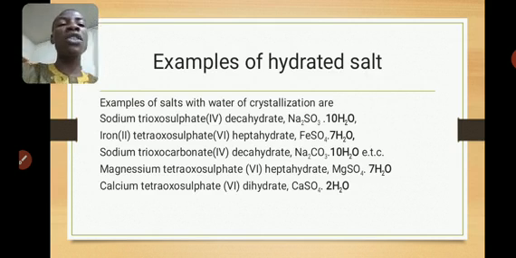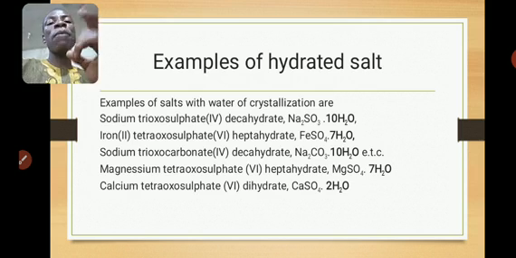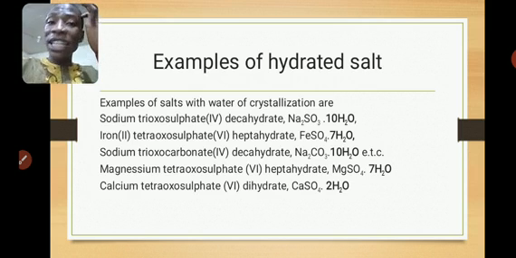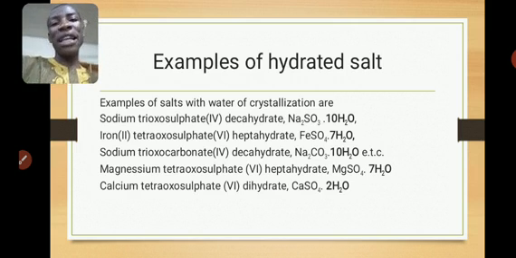Examples of those salts are sodium trioxocarbonate(IV). The amount of water molecules that one comes out with is 10, so you say that is decahydrate. If it is 1, that's monohydrate. 2 is dihydrate. 3 is trihydrate. If the water molecule is 4, tetrahydrate. If it is 5, then that will be pentahydrate.